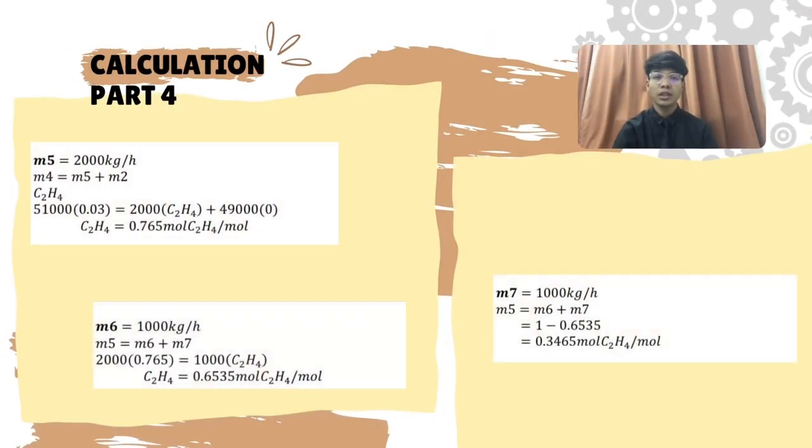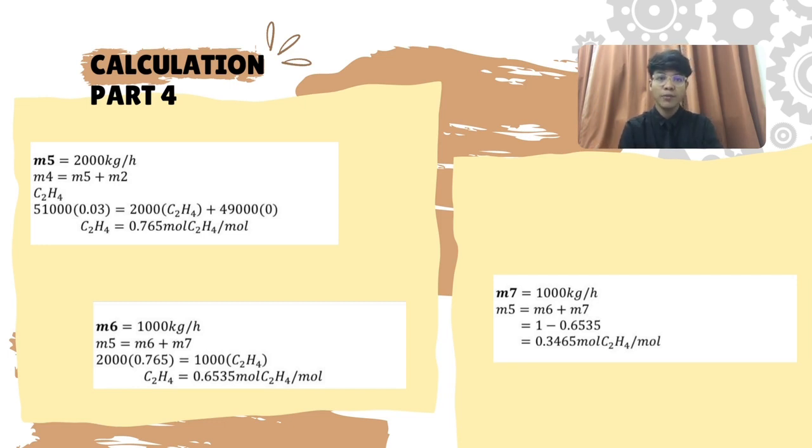So for the calculation of the separator, what we have is M5 equals M6 plus M7. For the flow rate, we just assume the flow rate is cut in half, so M6 equals 1000 kg per hour, and M7 is also 1000 kg per hour. For the fraction, we can use the formula M5 equals M6 plus M7 to find the fraction in M6.